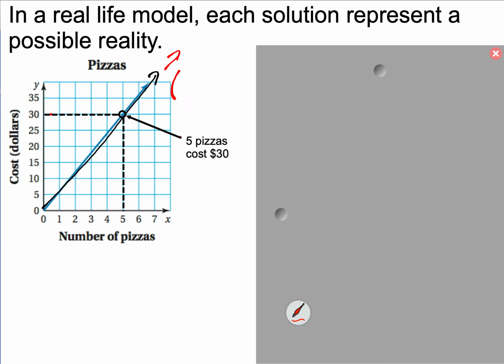We could get the number, let's do 1,000. 1,000 pizzas would be $6,000. Now that is a possible reality. I don't think anyone's really bought 1,000 pizzas all at once. I mean, they could be talking about having sold 1,000 pizzas, but it's a possible reality based on the information given.